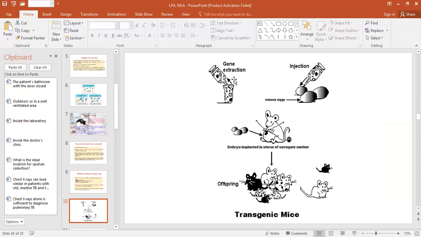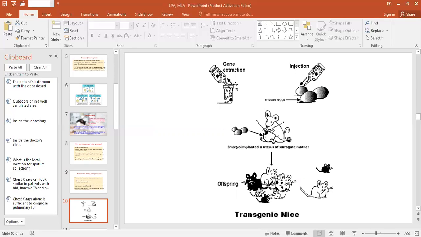The two main techniques for introducing the foreign DNA into the mouse are either pronuclear injection or the use of embryonic stem cells. In pronuclear injection, the foreign DNA is injected into the pronucleus of a mouse egg, which forms just after it has been fertilized.